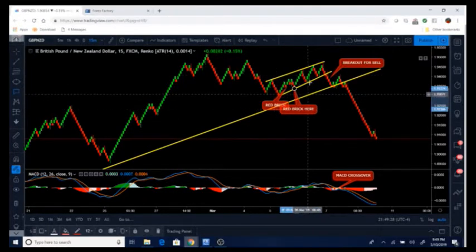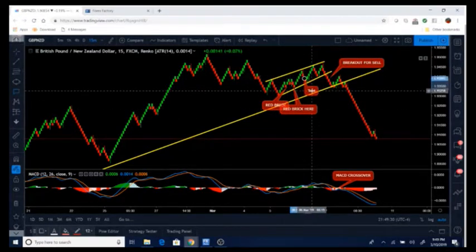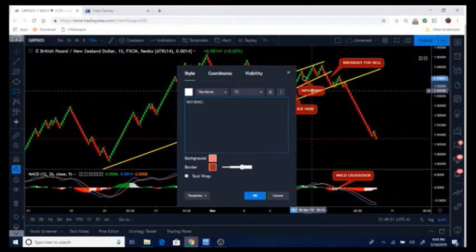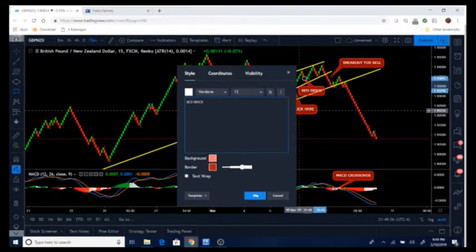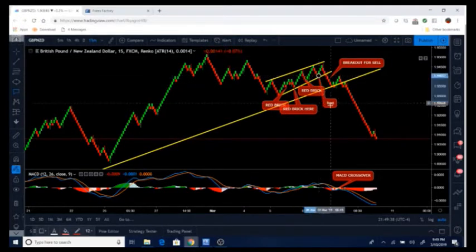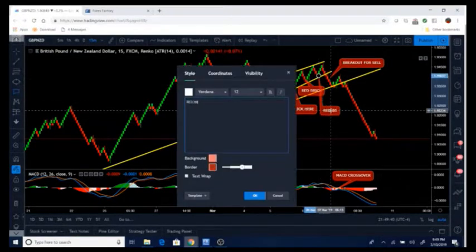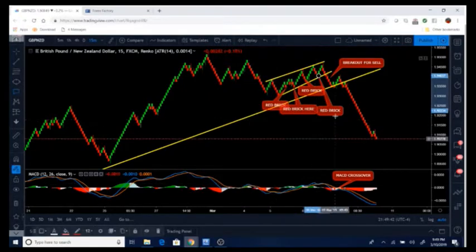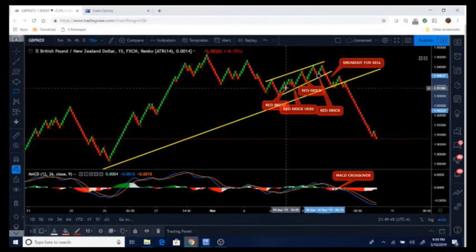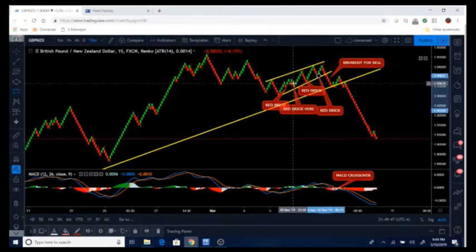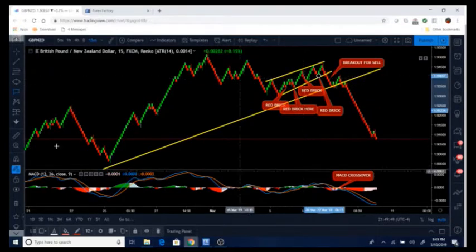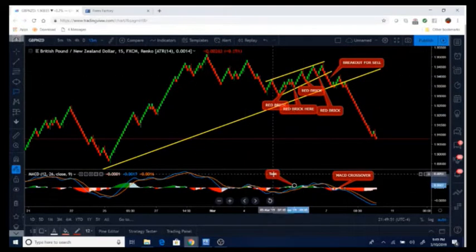Look at all these red bricks. What do you guys notice about your MACD with all these red bricks? Right? No MACD crossover.